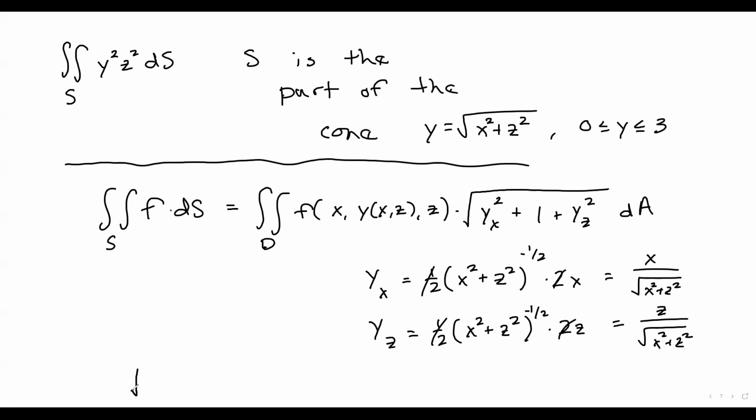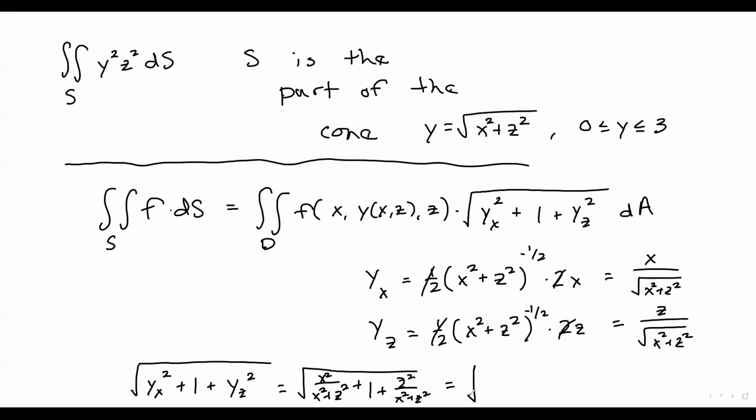Let's give ourselves plenty of space. So we're going to have (dy/dx) squared plus 1 plus (dy/dz) squared. That's going to equal, all right, this squared is going to be x squared over x squared plus z squared, plus 1.